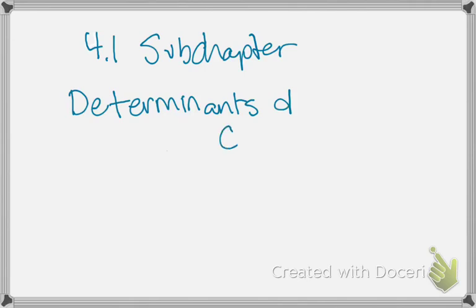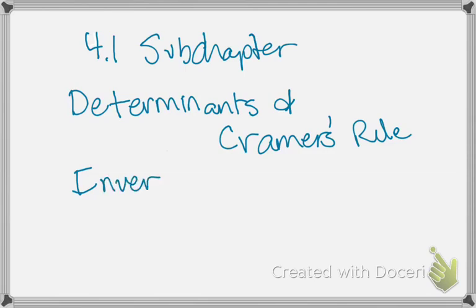And on Cramer's rule. Then we have a lesson on inverse. And then we have a lesson on augmented matrix, row operations, and augmented matrix. I'm just going to write augmented.